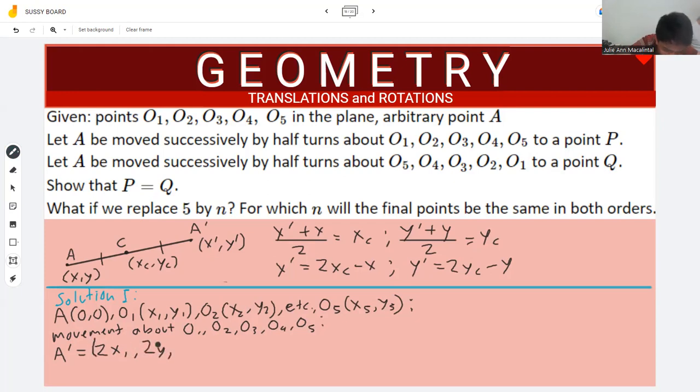Because I picked the first original point to be the origin, it will make life much simpler.